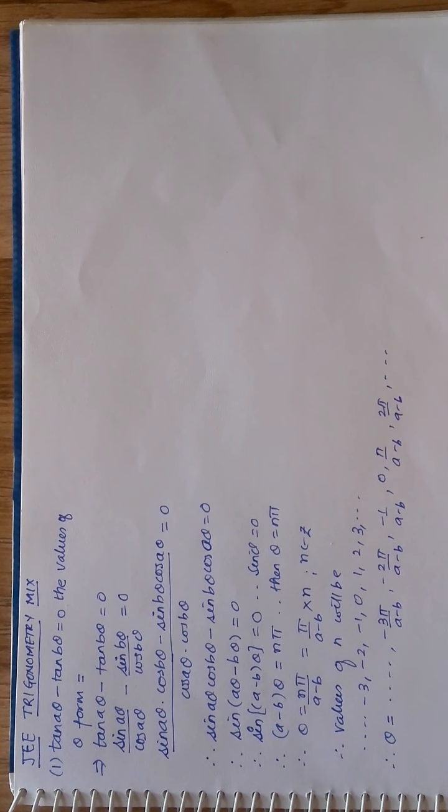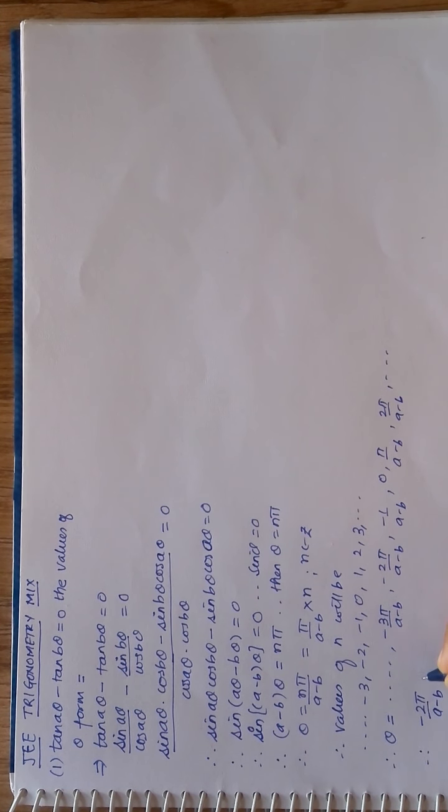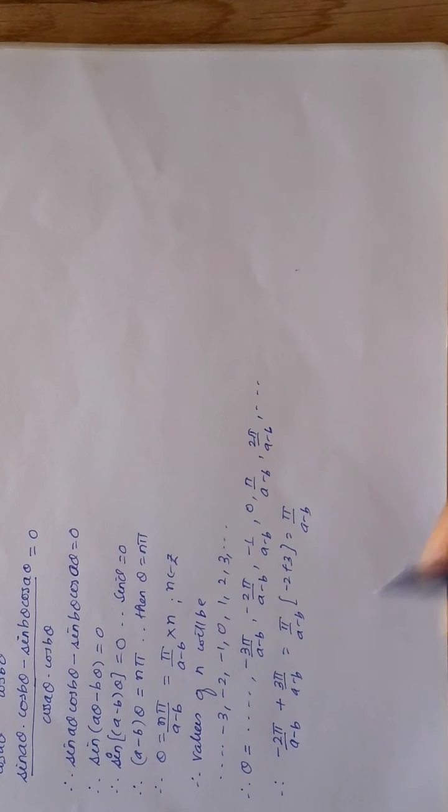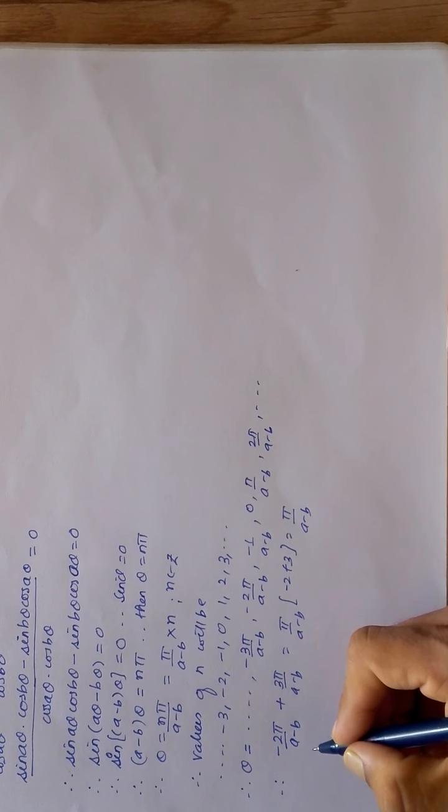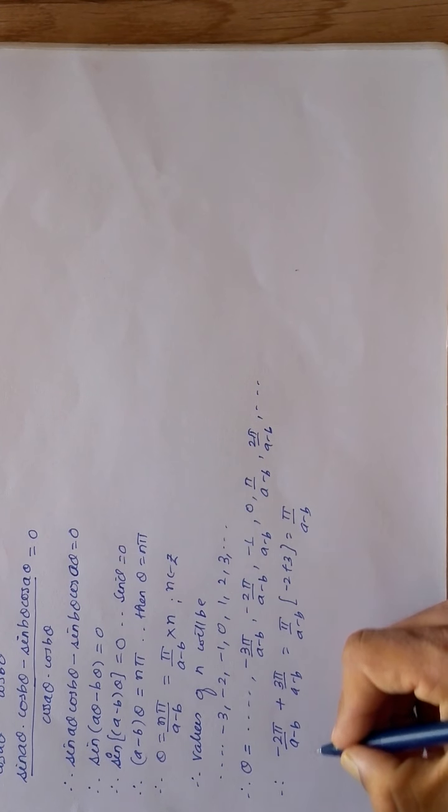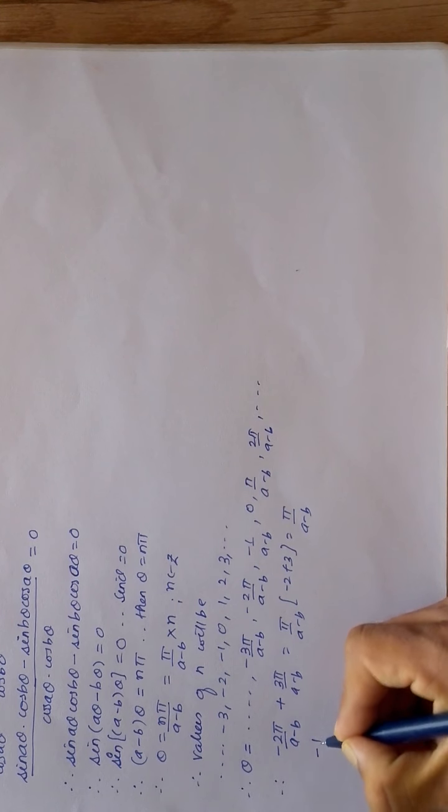Now if I see them properly, let me check here: any term minus previous term, that is plus 3π upon A minus B minus (minus 2π upon A minus B), which is π upon A minus B into minus 2 plus 3, that is nothing but π upon A minus B. What about another term? Let me take any term.